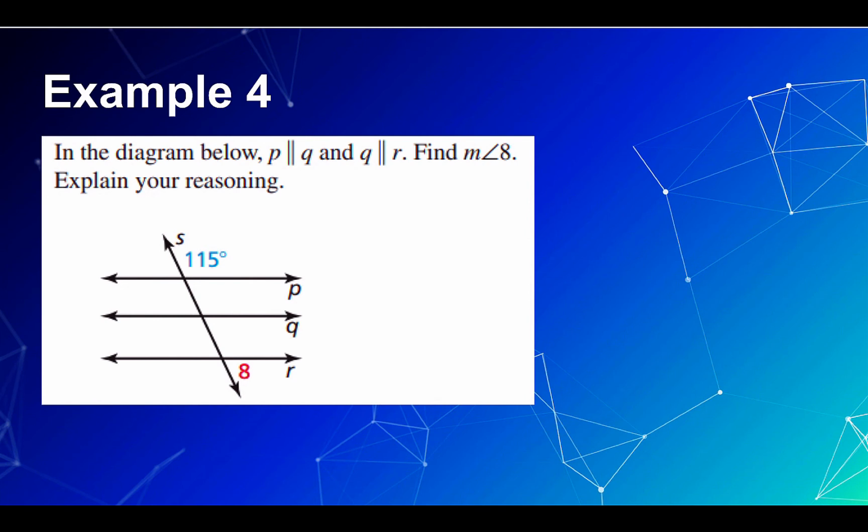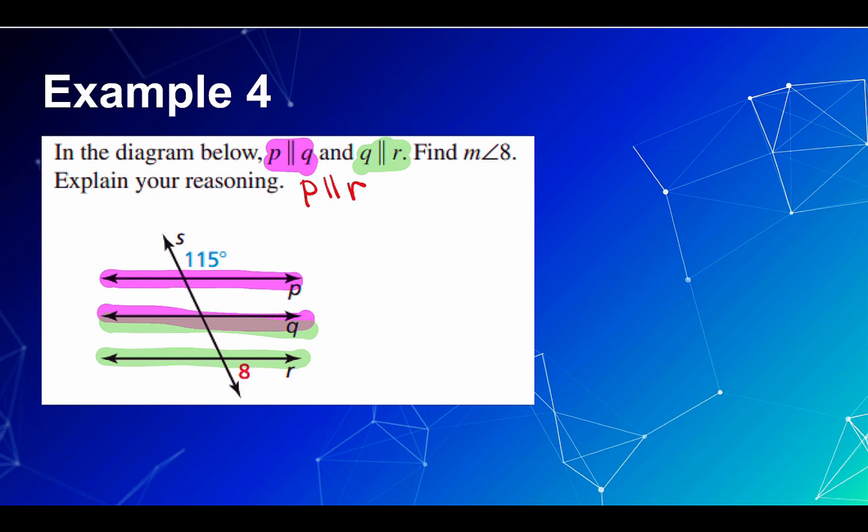In the diagram below, P is parallel to Q, and Q is parallel to R. Therefore, we know P is also parallel to R by the transitive property of parallel lines.